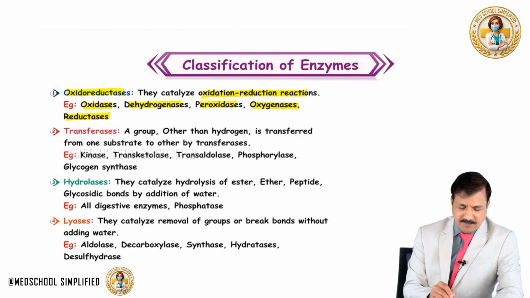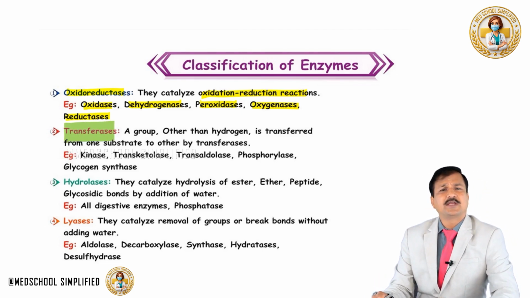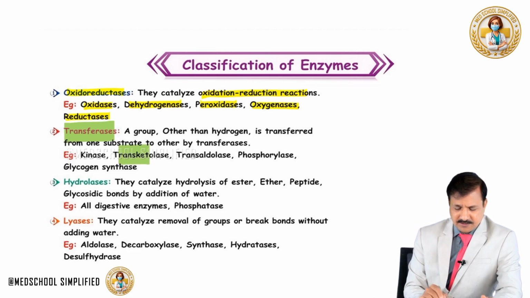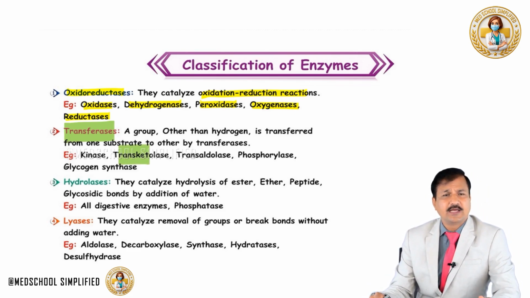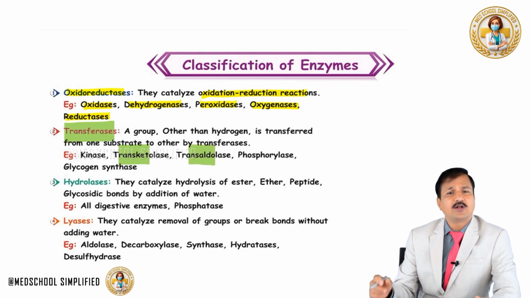Now, coming to our second class. The second class of enzymes is transferases. Transferases simply transfer a group other than hydrogen. And transferases generally end as kinases, like hexokinase, glucokinase, protein kinase. Some other transferases are transketolase, transfer of a keto group, and transaldolase, transfer of an aldehyde group.